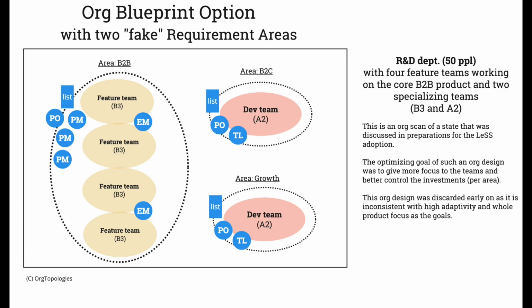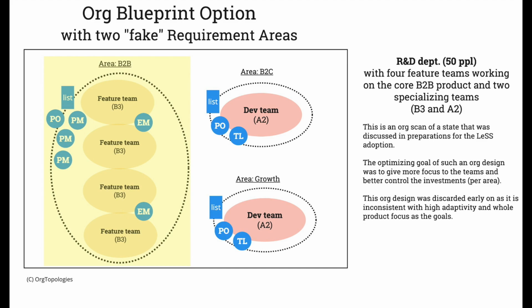As you can see on this picture, there would be one larger group of 4 teams working together on the core product. Because it's not all the teams, but just a part of them, you would classify them as B kind of teams. If they have all the skills together in each team, you would ideally classify them as a B3 unit, but only if some conditions are in place.